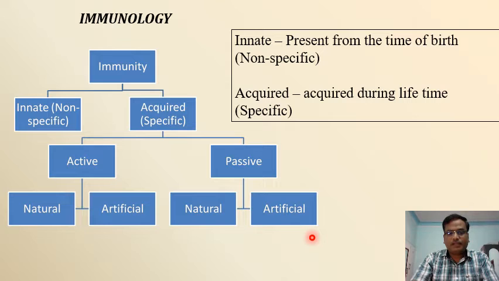And artificial is when we get the antibodies directly from a recuperating patient, the patient who is recovering from a recent infection. His blood will have a large number of antibodies against that specific pathogen. Those antibodies are given directly to the newly infected person. So that is an example of artificial passive acquired immunity.